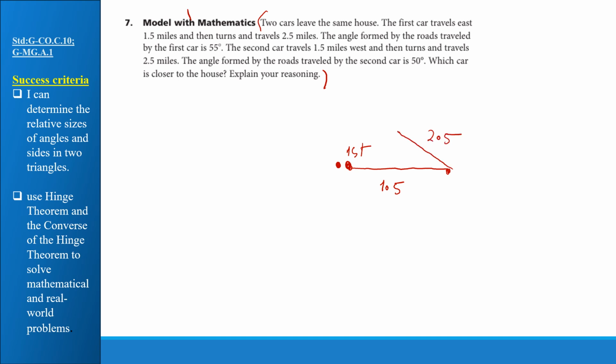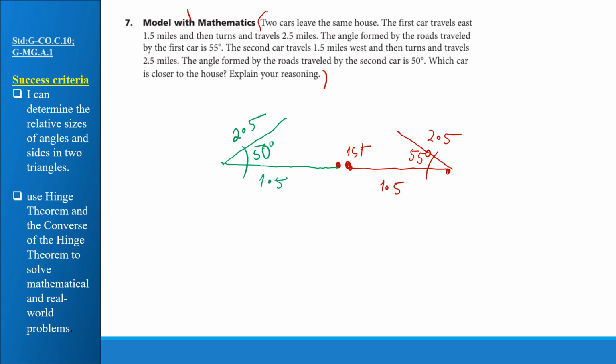While covering this distance, it makes an angle of 55 degrees. Now the second car, which is traveling towards the west, also covers 1.5 miles and then turns and travels again towards home and covers 2.5 miles. The angle formed by the roads here is 50 degrees.